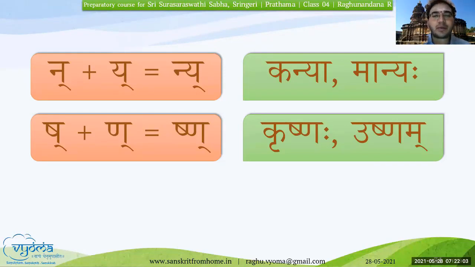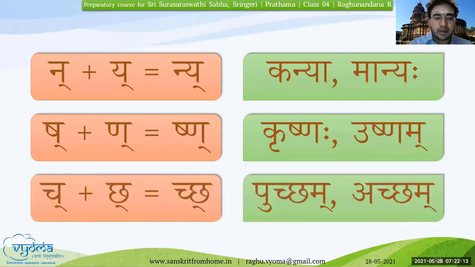This is the sound that we should get. Most common examples: Trishnaha, Ushnam. Another example we will see: Ch and Ch form Ch. Pucham, Acham. These are the pronunciations of these words.